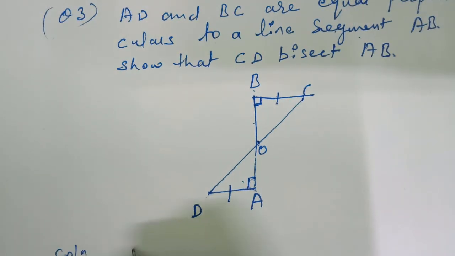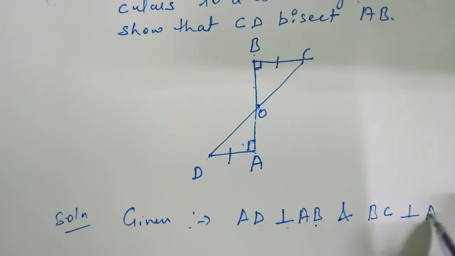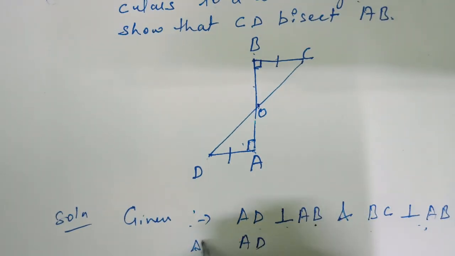Solution. First we are going to write the given. What is given? AD perpendicular to AB. In short, we are writing AD perpendicular to AB and BC perpendicular to AB. Both of them are perpendicular to AB. Also they are equal, also AD equals BC.